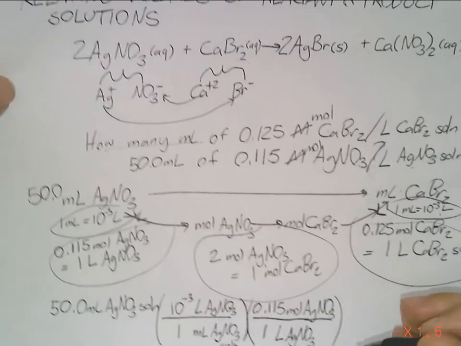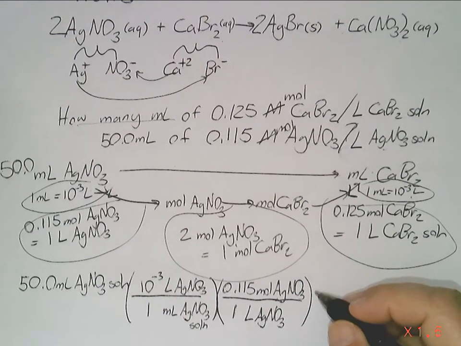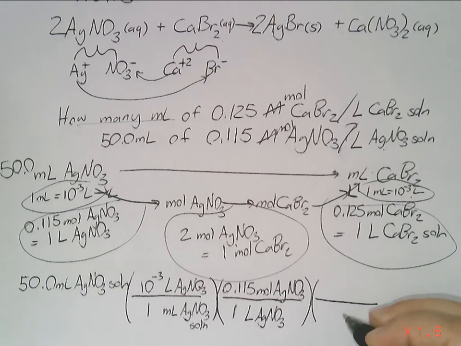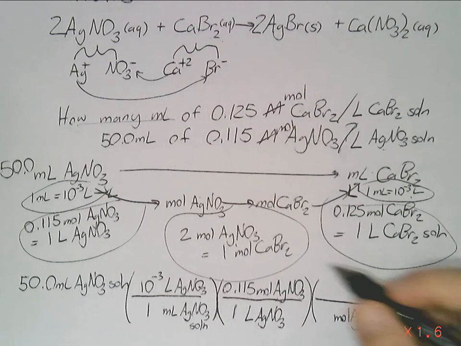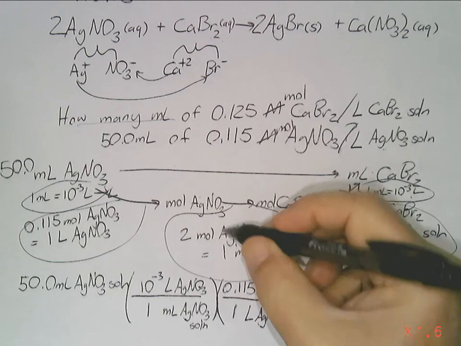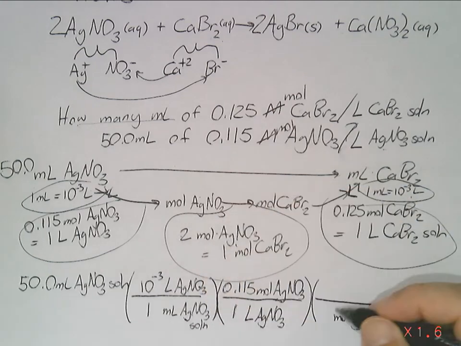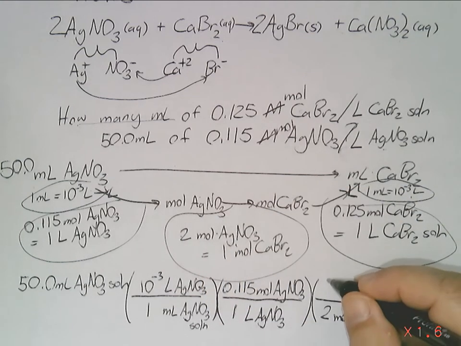But I want to go on from there. I want to get rid of moles of AgNO3. And here is where I am at the roadmap. I want to go to moles of calcium bromide, and I'm going to use this conversion factor. There's a 2 sitting in front of the moles of silver nitrate.